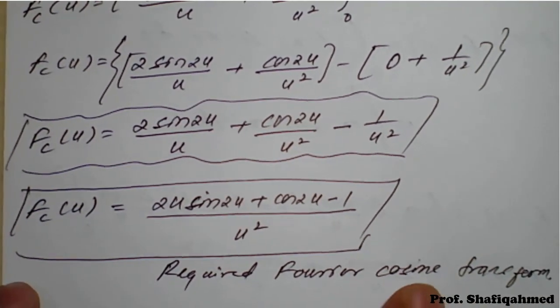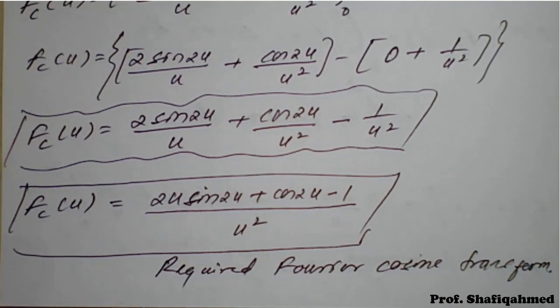In this way we can find the values of the Fourier sine transform or cosine transform of the given function f of x.